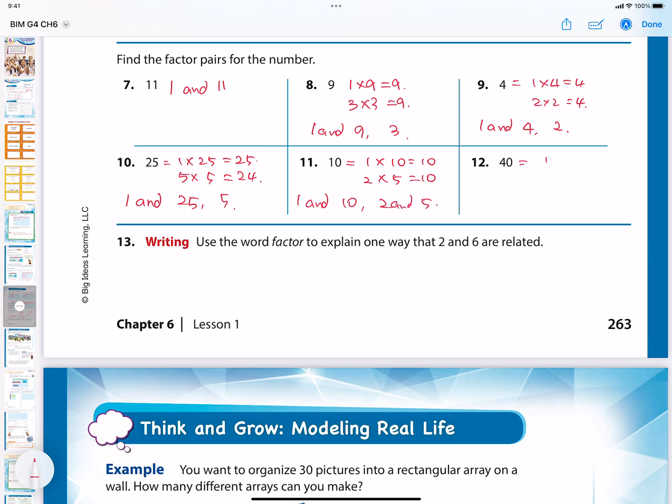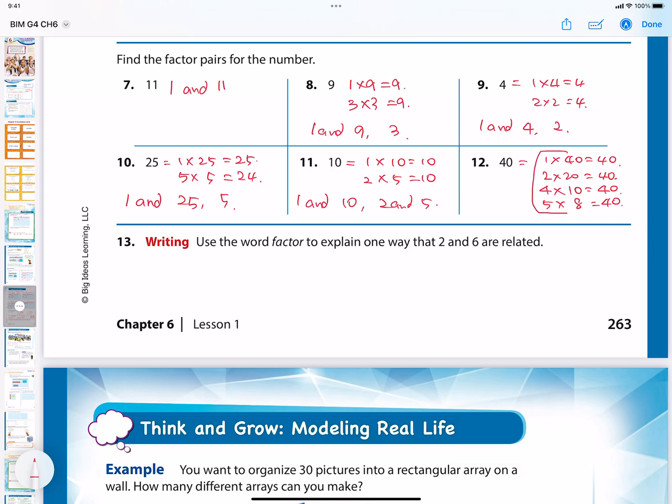1 times 40, easy, right? Yes, 2 times 20 is 40. What about 3? No. 4? Yes, 4 times 10 is 40. What about 5? Yes, I know multiples of 5, right? 5 times 8 is 40.